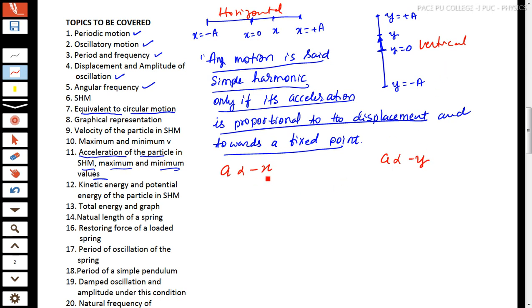It is said the acceleration is proportional to the displacement and it is acting towards a point, right?